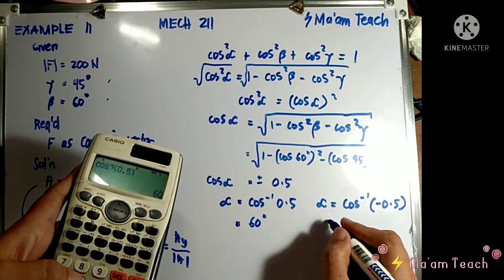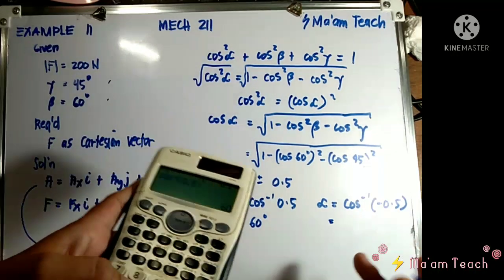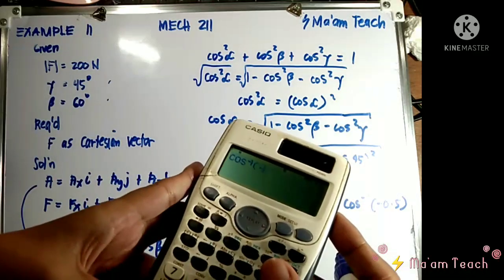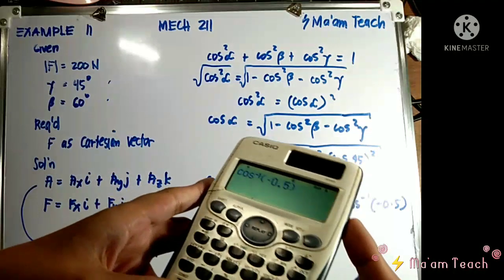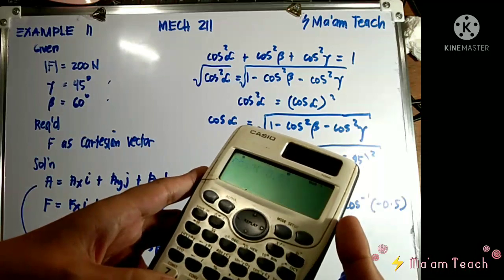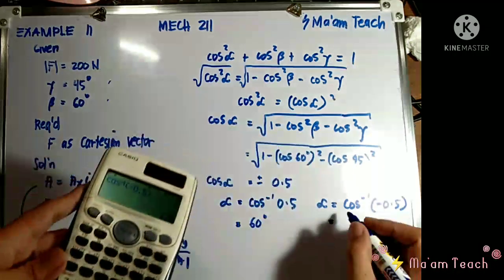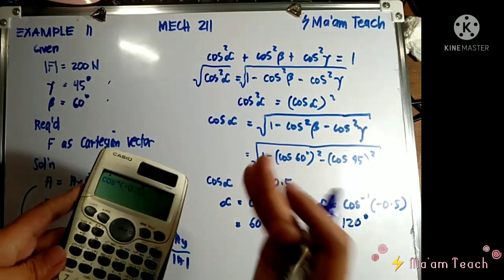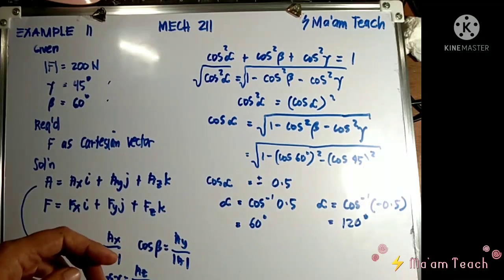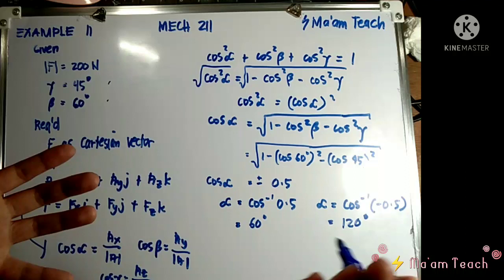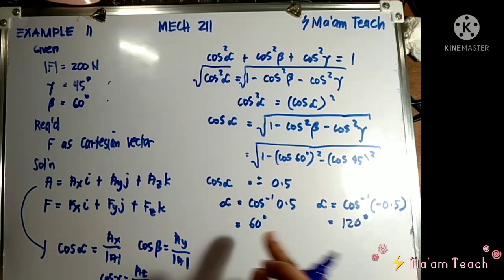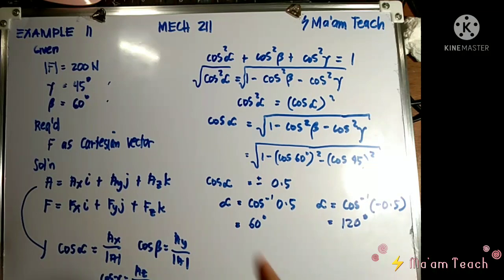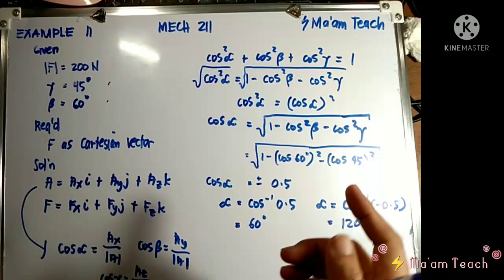While if you use the negative side, arc cosine of negative 0.5, you'll have 120 degrees. Okay. Now, you have to choose what is correct. Although, class, these 60 degrees and 120 degrees are both correct, the question is, is it appropriate in our figure?